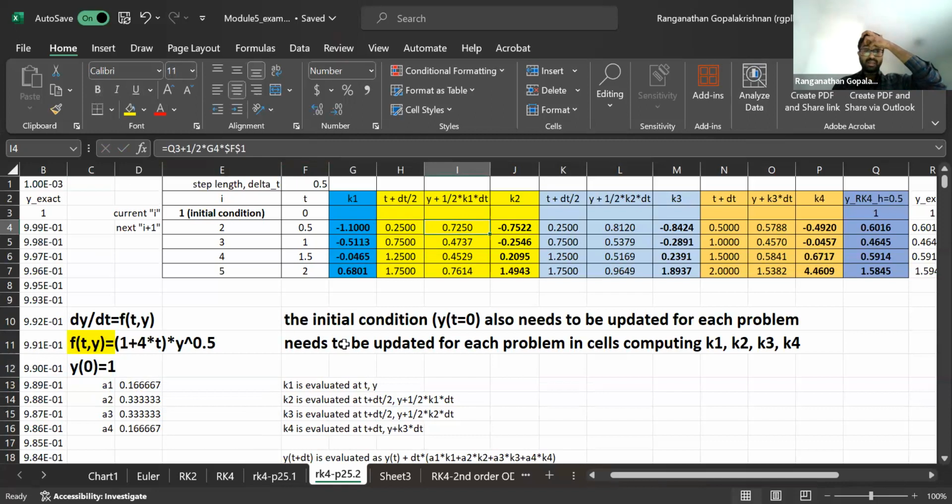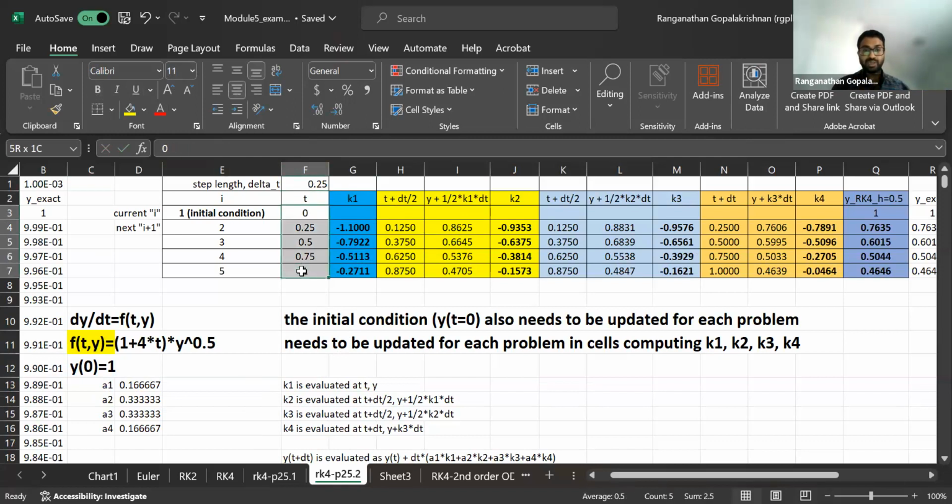And then the other thing different about this problem is the step length. The step length is given as 0.25, not 0.5. So I'm just going to update the step length. And the way I set up my spreadsheet, everything related to the time is just recomputed based on 0.25, and I get this. All right.